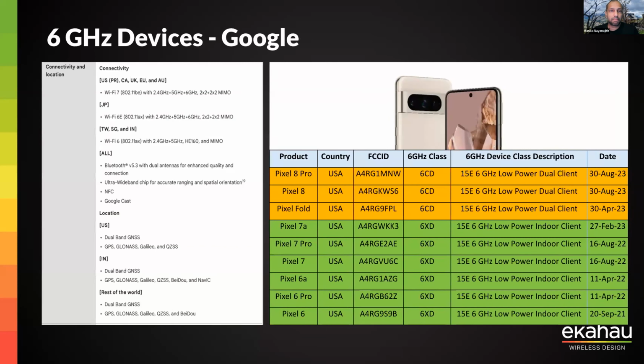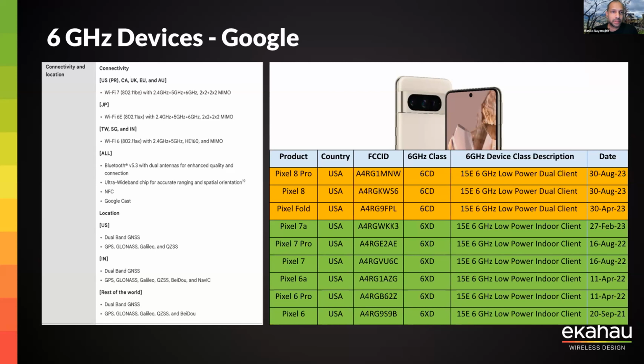So now this is an example showing some Google 6 GHz supported devices. As you can see, the Pixel 6 is the first end device supporting 6 GHz in the Google phone line. Pixel 6, Pixel 7, they're all 6XD. That means they are only indoor clients, they can only connect to an indoor 6 gigahertz access point. But starting from Pixel 8, you can see it is 6CD.